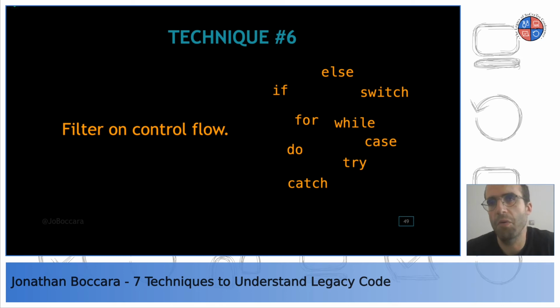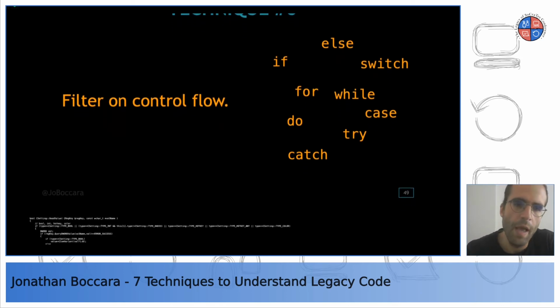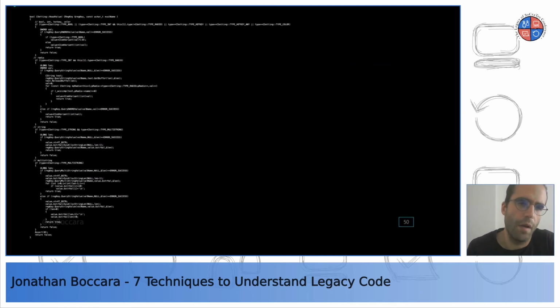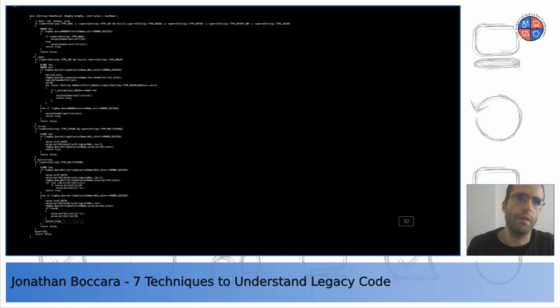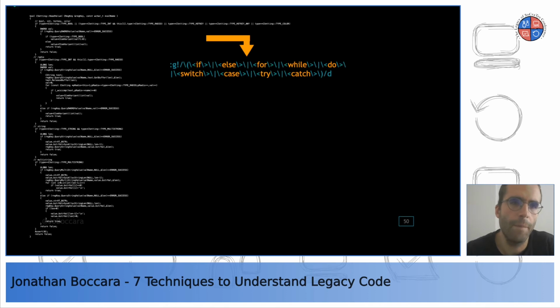Let's try that on a piece of code. So this is a long piece of code that we're not going to read line by line, and we're going to run some filter that will only keep the lines that have a control flow keyword in them.